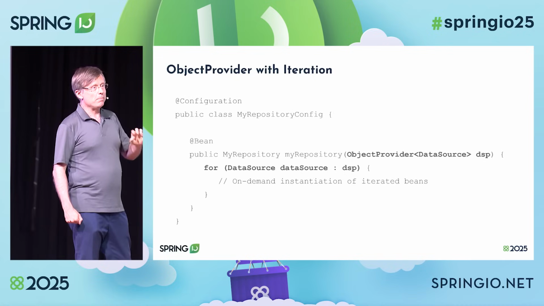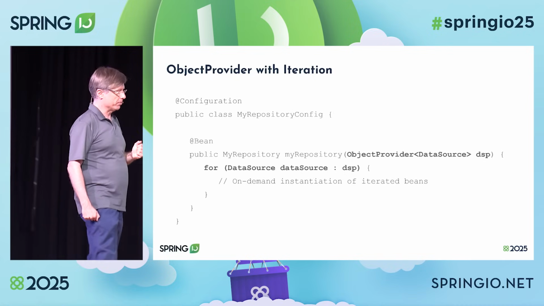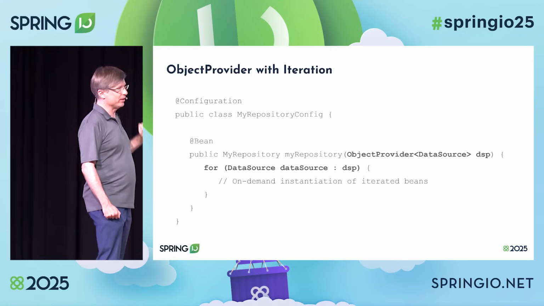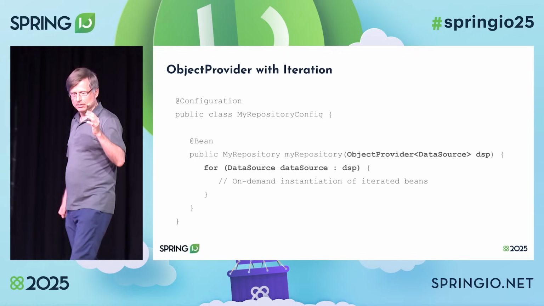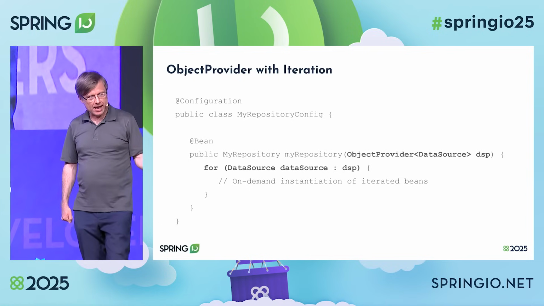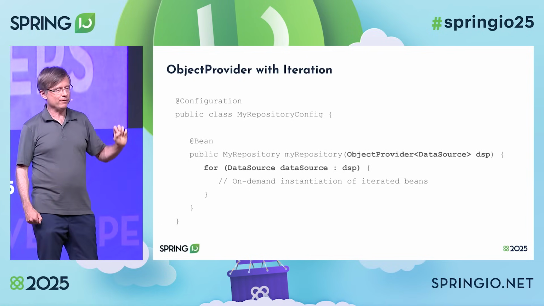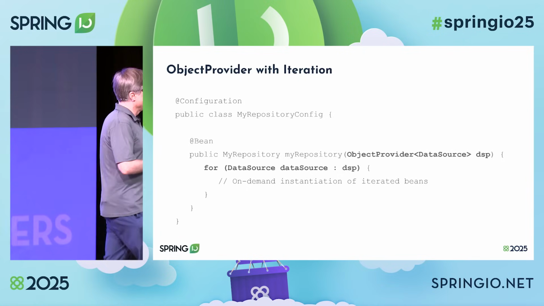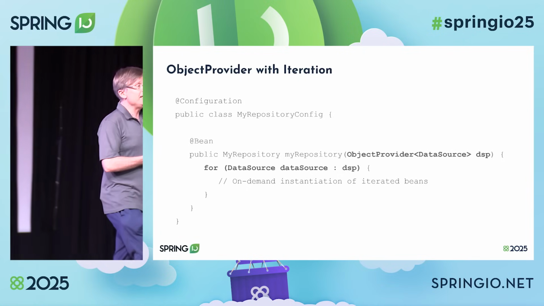However, there's also multi-object access on object provider. Object provider is actually iterable, so you can use it in a for loop. You can literally say for data source against the object provider, for every data source being found, here's the body of my for loop, right? And the iteration is even lazy.